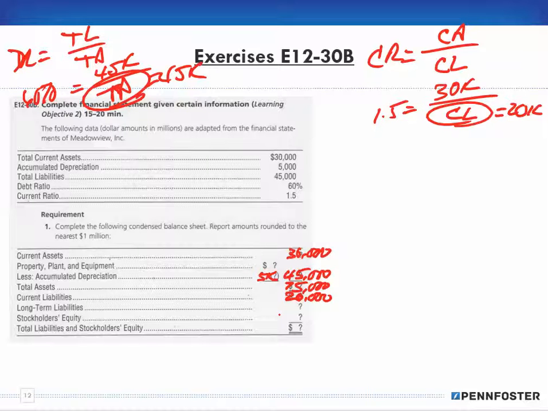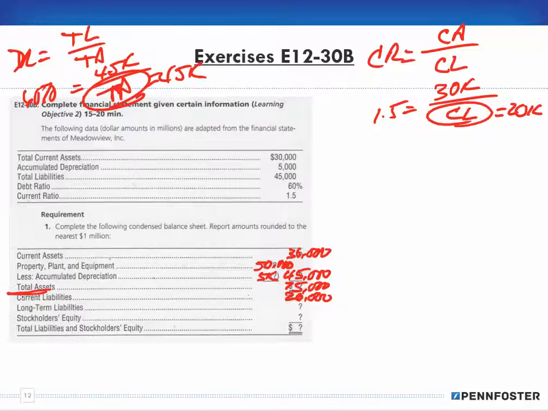Now let's see, where am I going to go from here? Since I know my accumulated depreciation is 5,000, and I know the book value is 45,000, I can add those together to give my property, plant, and equipment 50,000. Okay, so that solves that. Now, remember the total assets on our balance sheet.